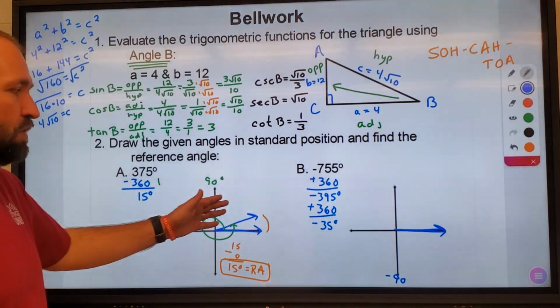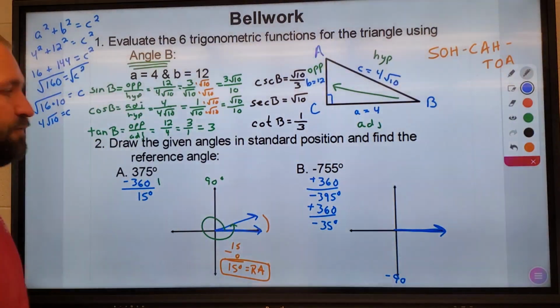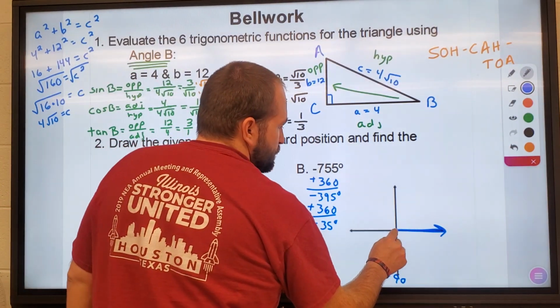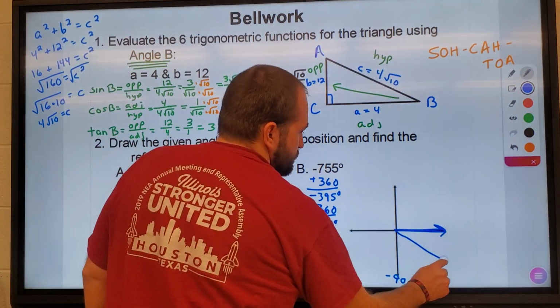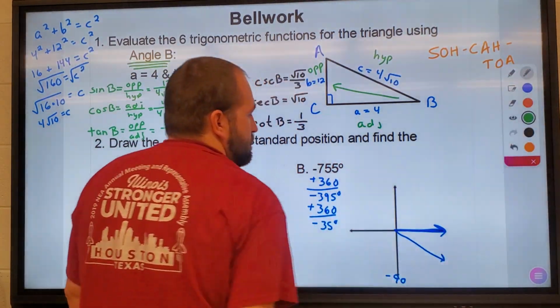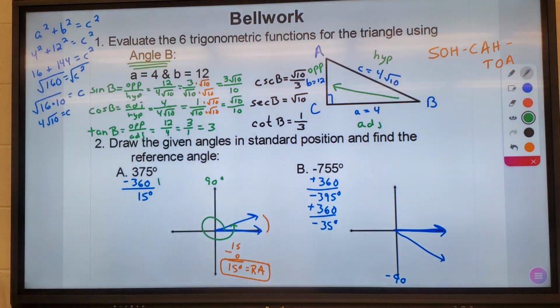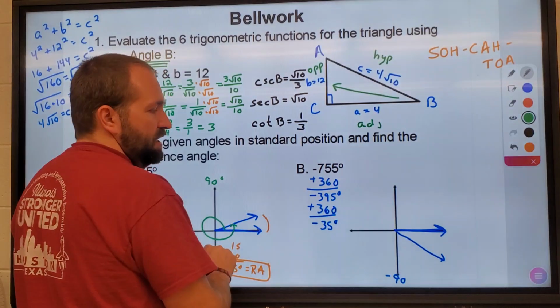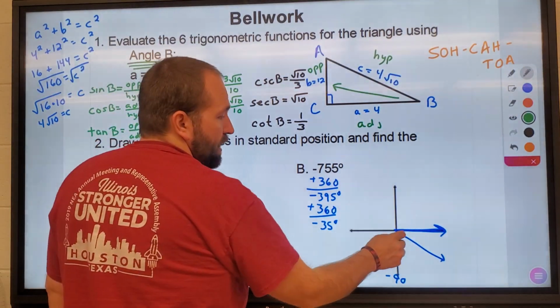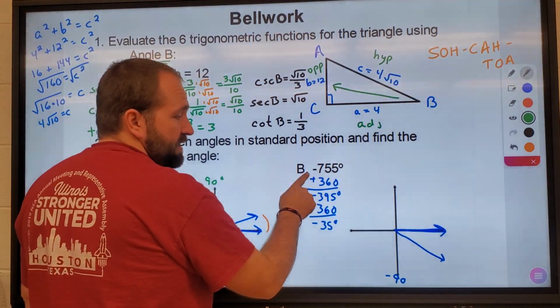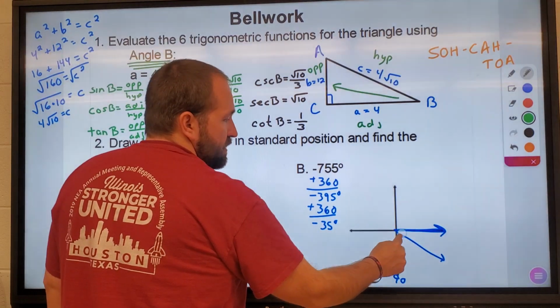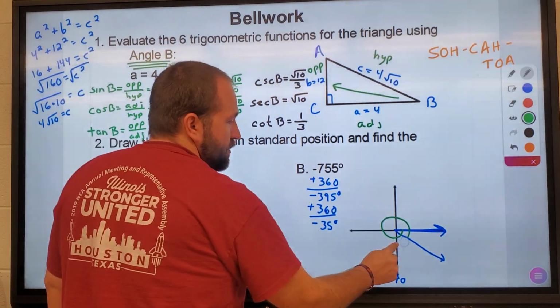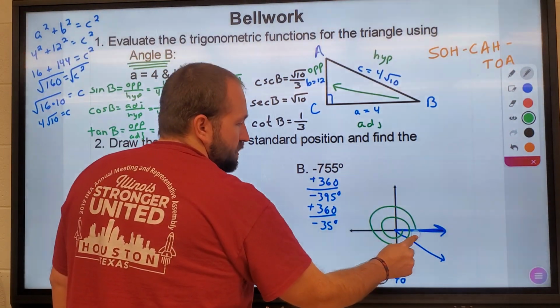Okay, 35 degrees is a little less than halfway, but it's fairly close. We'll call it there. Okay, hopefully your line's a little straighter than mine. I have 1, 2 full rotations and then the extra. So here now, again, I'm going down first because it's negative. I'm going to start here, go down and around, 1, 2, and then the extra.